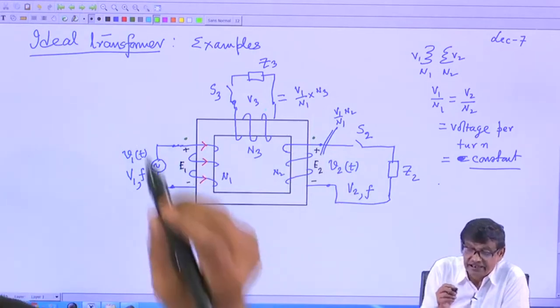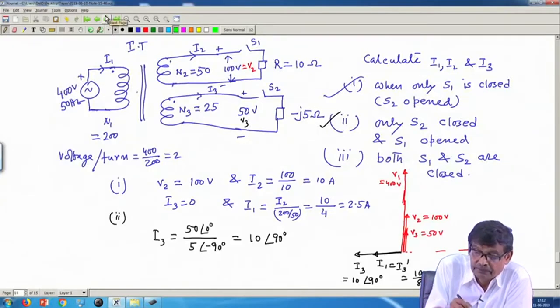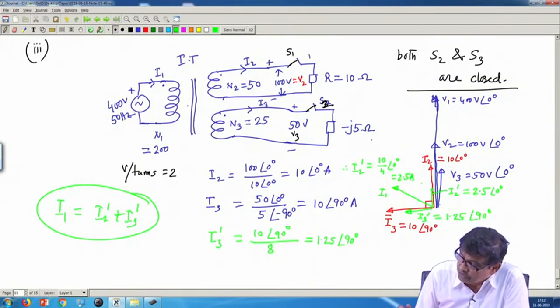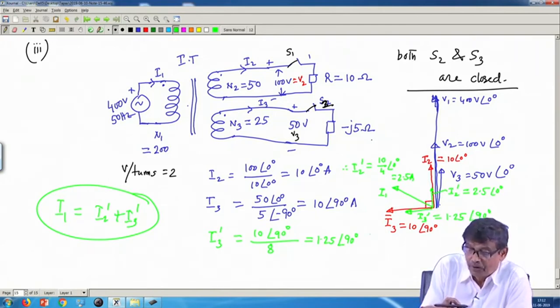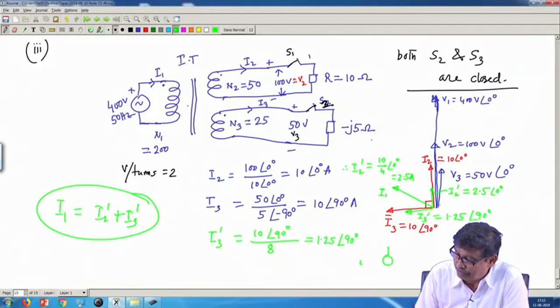Now, this I will not do, but I request you to think. This you have found out, I 1 dash you will find out. Once you find out I 1, mathematically the equivalent circuit of all these things across this supply will be this 400 volt supply, and it is delivering this I 1.